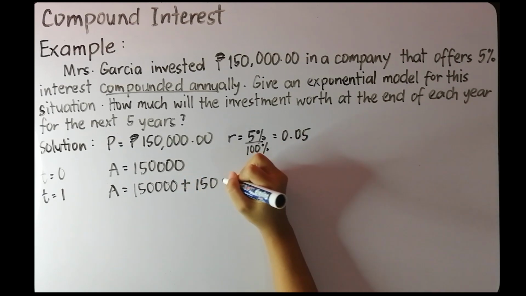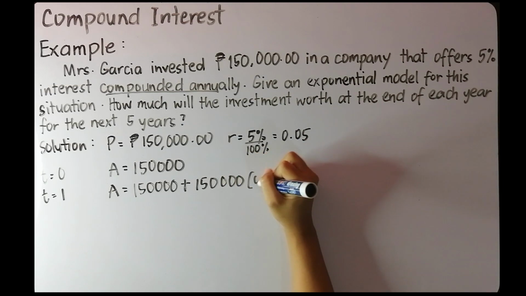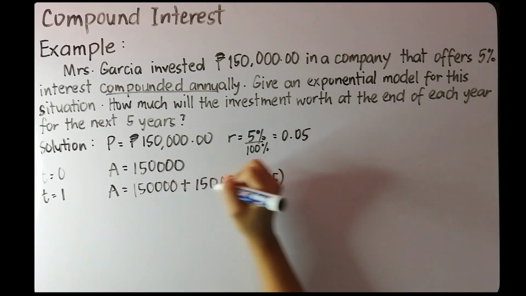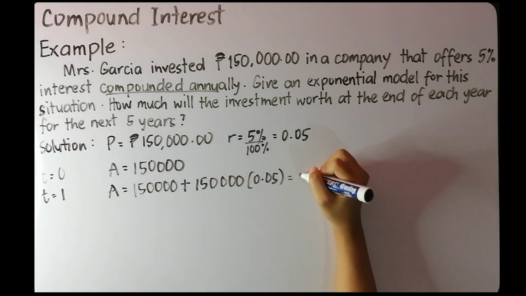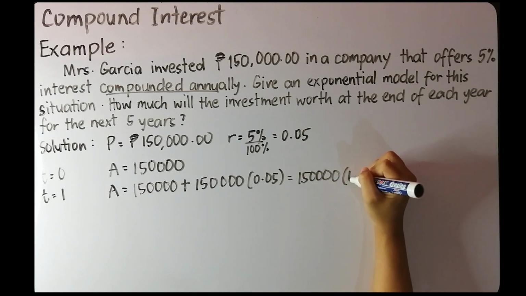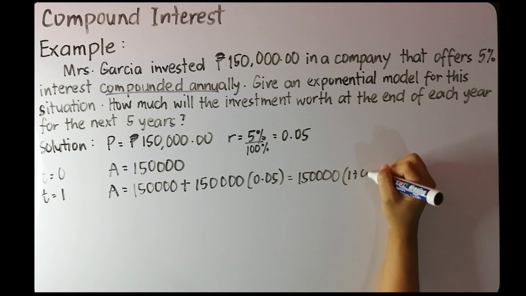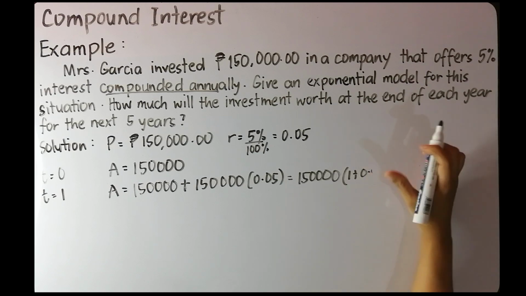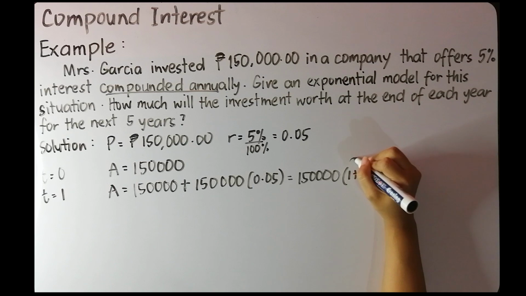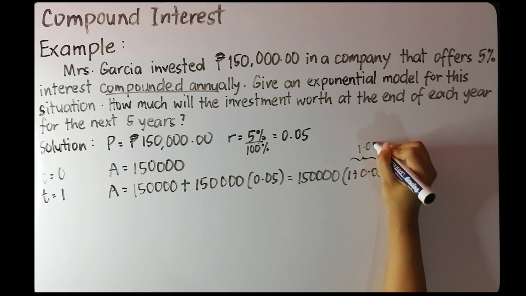So that is 150,000 times 0.05, which is also equal to 150,000 times 1 plus 0.05. This value is 1.05.